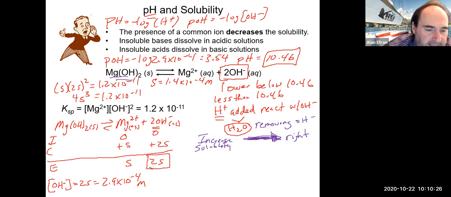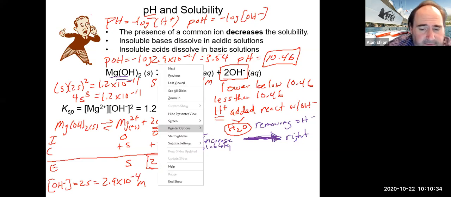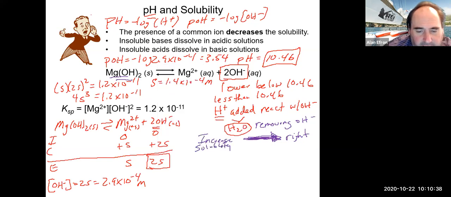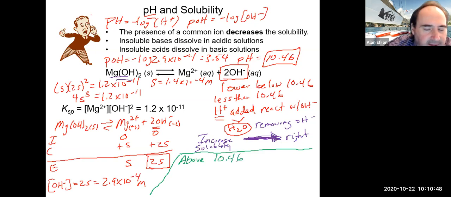So what would happen if we did the opposite? Let's say we went above 10.46. So we took the pH above 10.46. In order to do that, we essentially need to add some base, so OH minus is added.